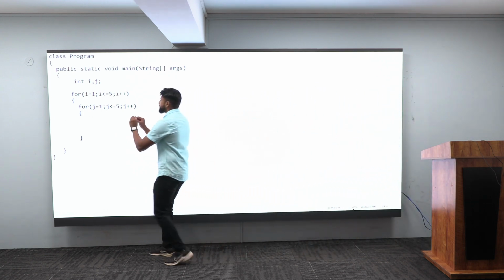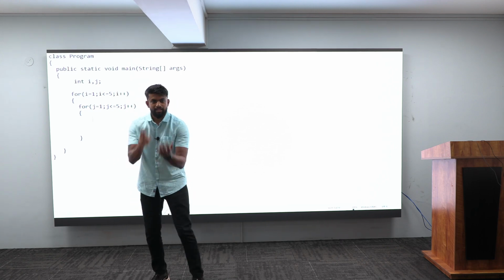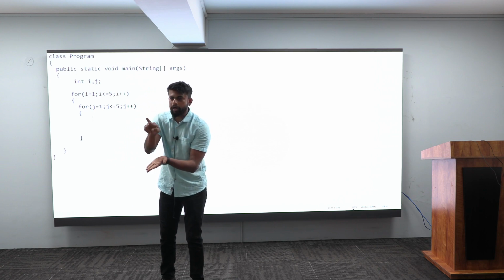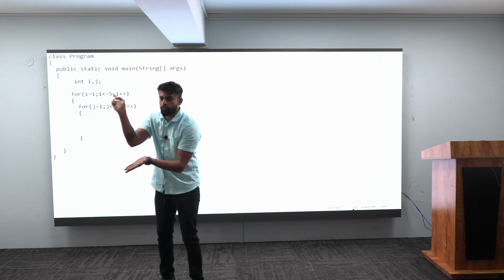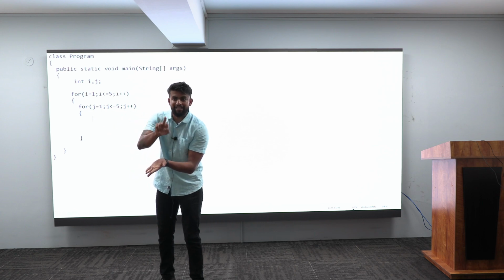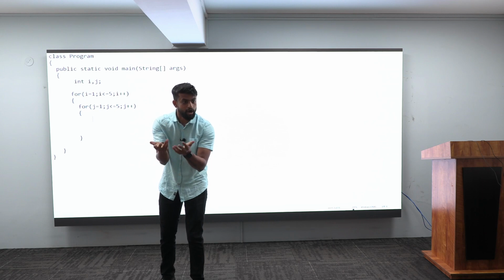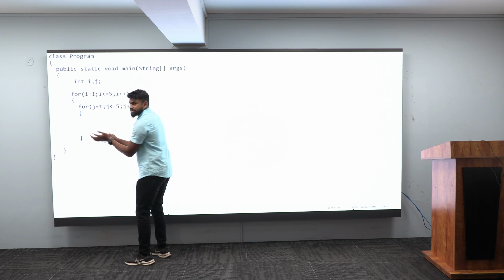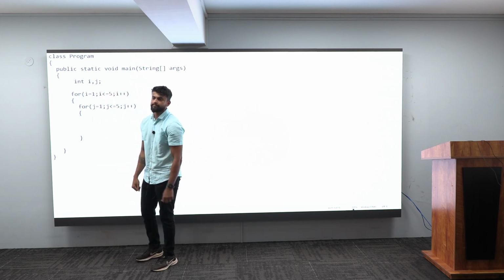What you should tell then? If I is 1 or I is 5 or j is 1 or j is 5, only there you should print the stars, or else space. If you simply come here and tell star, again you will get a square pattern. Everywhere stars you will get.